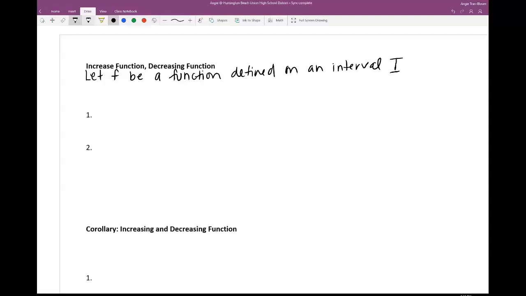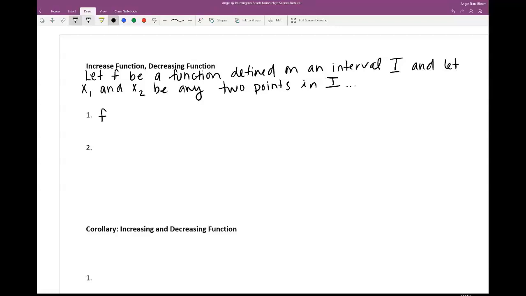Let's call this interval I. And let x subscript 1 and x subscript 2 be any 2 points in interval I. Okay?